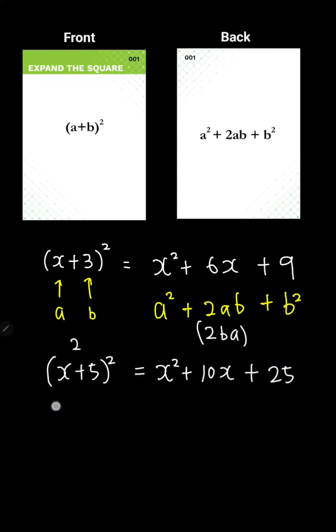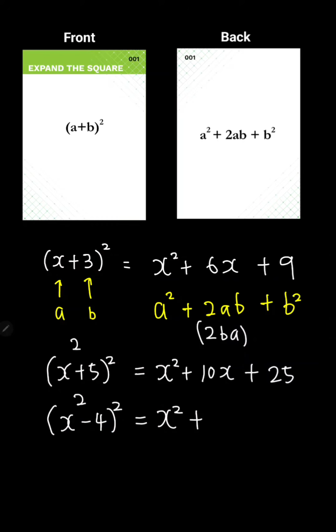Okay, what if today we have a negative number here? I mean (x - 4) power of 2. The logic is still the same. The first one we square the x, we get x squared. Then the middle is 2 multiply a multiply b. So I will use 2 multiply negative 4. You just imagine 2 multiply negative 4, you get negative 8.